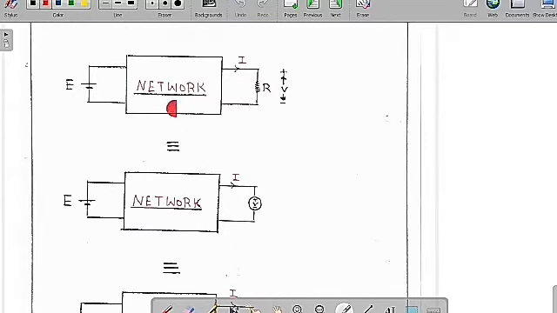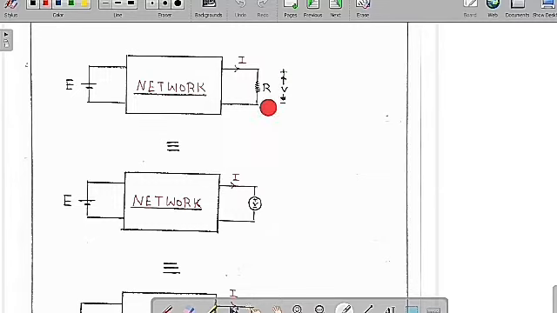So you can see clearly here, this is some network with some source E and some resistor R. Because of this network, a current flows through this resistor. Let me assume the current is I and the voltage across the resistor is V. Now I am going to replace this resistor with some other element. Still, the voltage and the current in all the circuit elements will be the same as before.